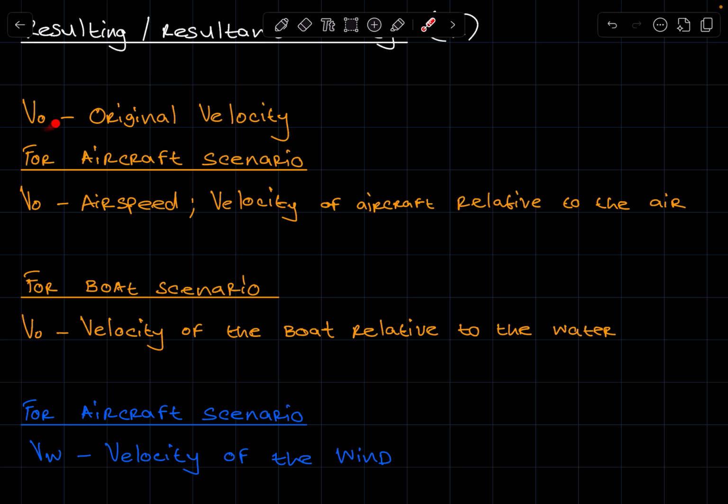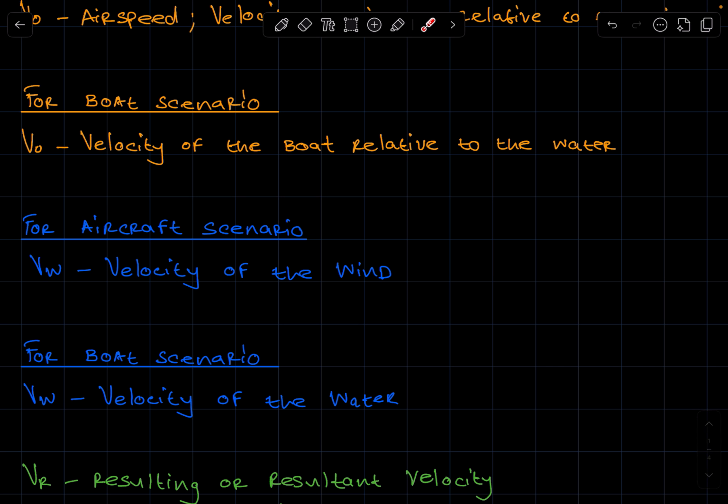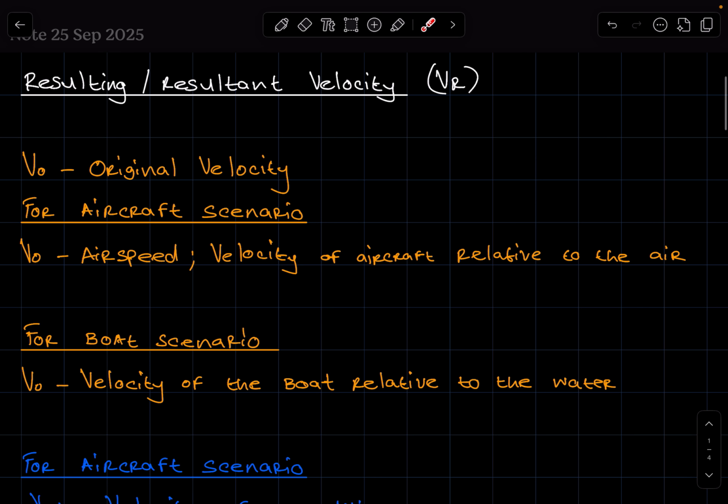Remember when we started, I said the resulting or resultant velocity is the vector sum of two velocities, those velocities being VO and VW. And I've just explained how you interpret VO and VW based on the scenario you are given. What is most important here is realizing that when you look at any problems or exercises related to resulting or resultant velocity, you always have to look out for three velocities.